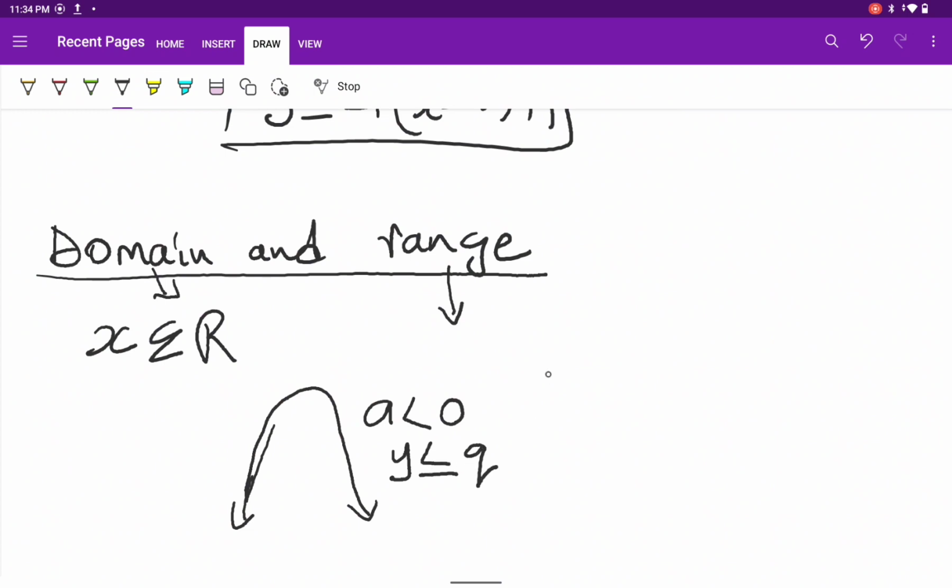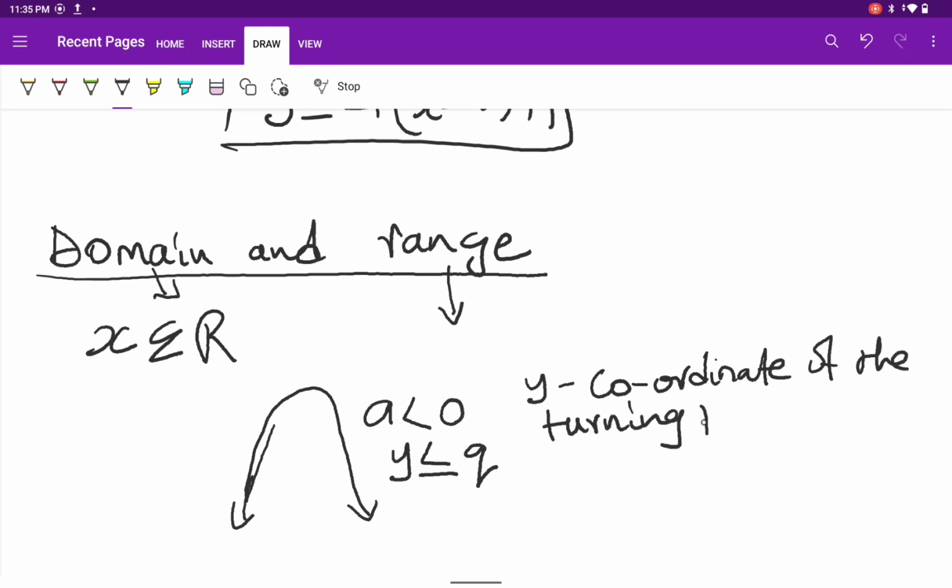Remember, the value of q is the y coordinate of the turning point, not the y-intercept, but the y coordinate of the turning point. So we are going to look at the y value at the turning point.